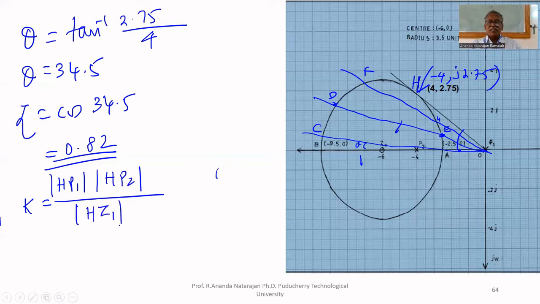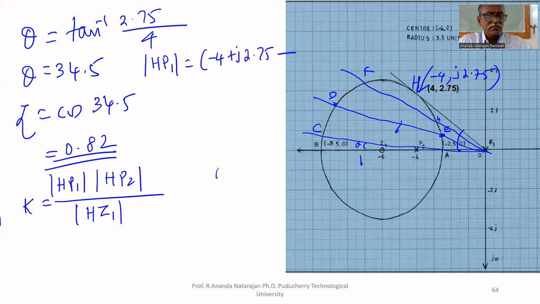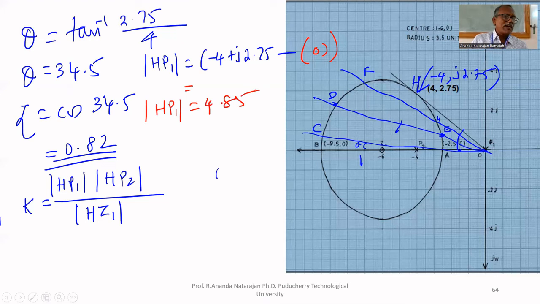We can use the polar coordinate method, no need to measure. HP1 is modulus of minus 4 plus j2.75 minus the pole at 0. Converting to polar coordinates, the magnitude is 4.85.